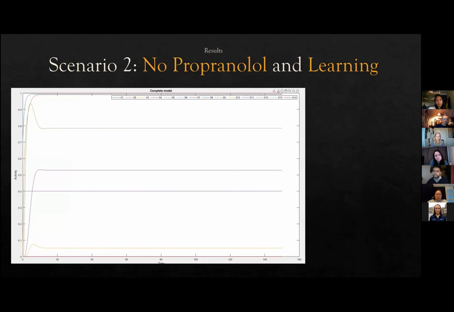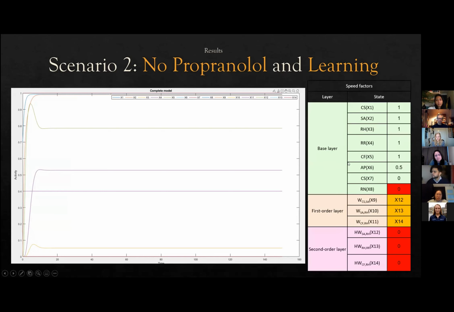Now we have a second scenario where no propranolol is administered and where no learning is present. The difference between the model that we just showed and this scenario is that this model does not contain speed factors for norepinephrine and for the second order layer. So basically learning is Z of 0.